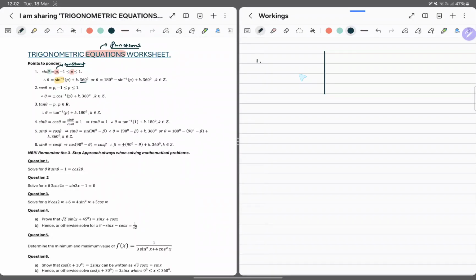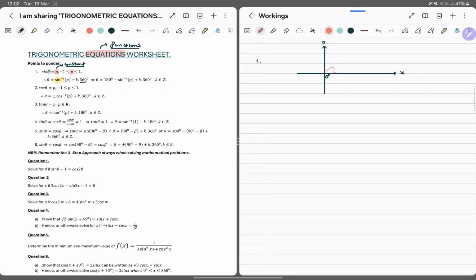We know that a sine function on the Cartesian plane would look something like this. That's the origin there, 0 degrees.